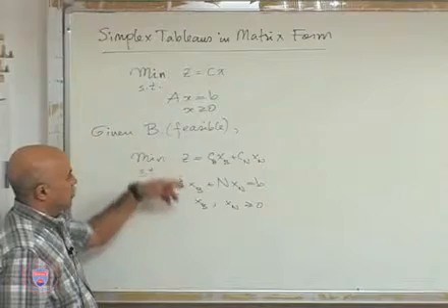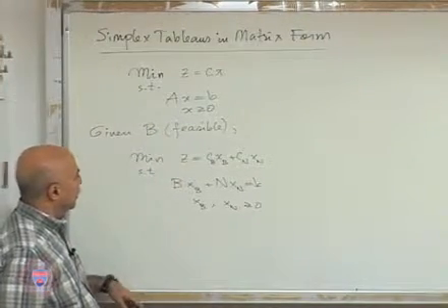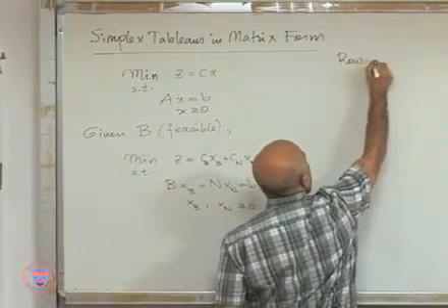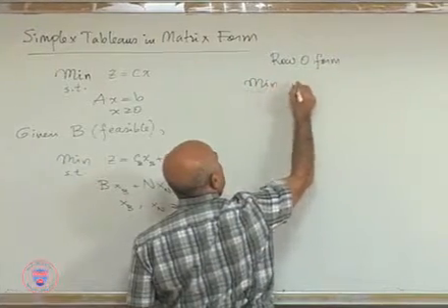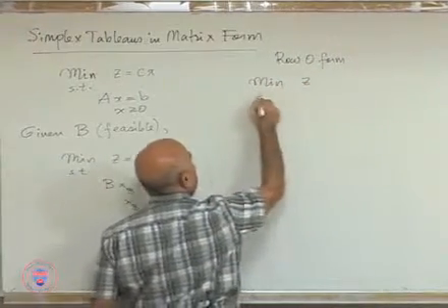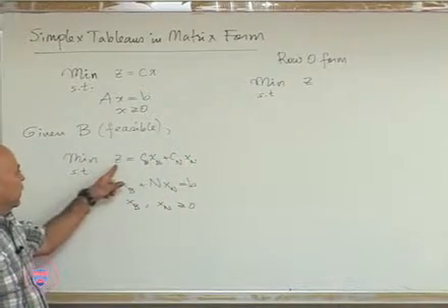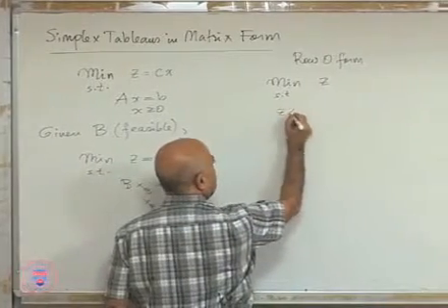That was the partitioned version of the standard form problem. And I also gave you the row 0 form, which is simply the same problem where the minimization is on the additional variable z, whose definition is here.